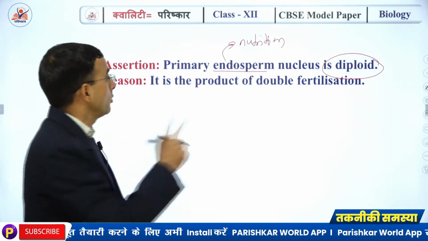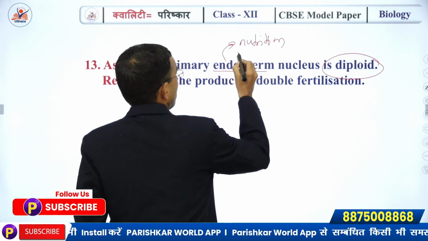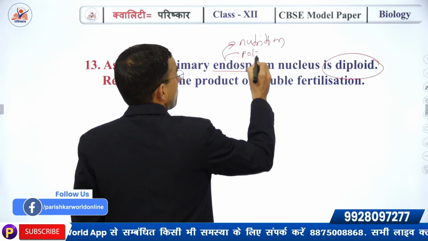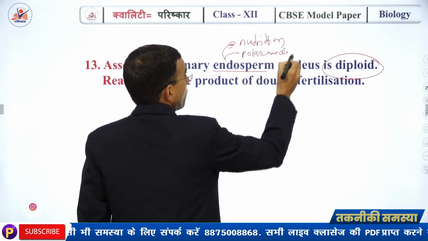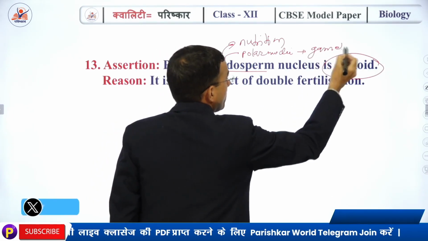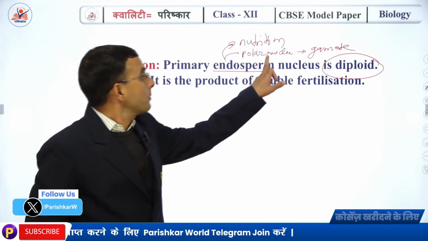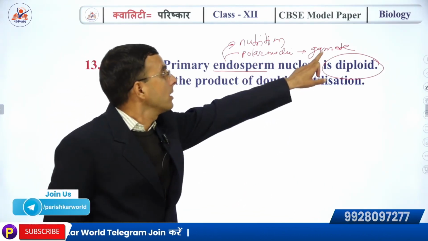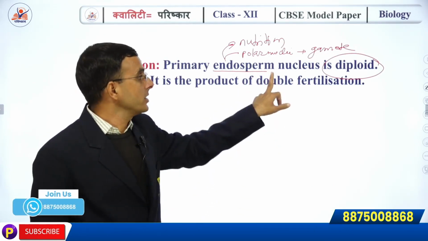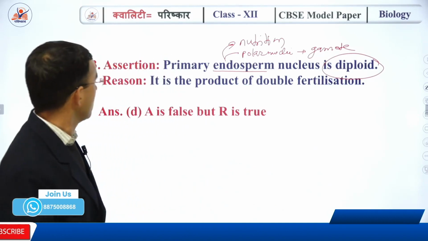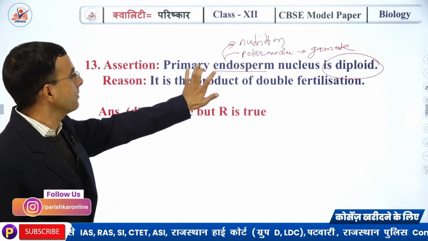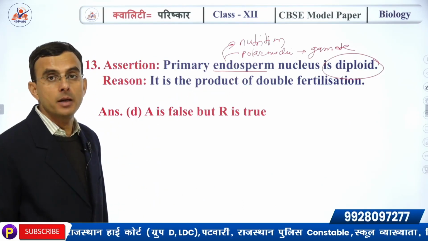Endosperm develops after fertilization by the fusion of polar nuclei and one of the gametic nuclei. The polar nuclei are diploid and the gamete nucleus is haploid, so the endosperm is triploid in nature, not diploid. So the right answer is: A is false but R is true.